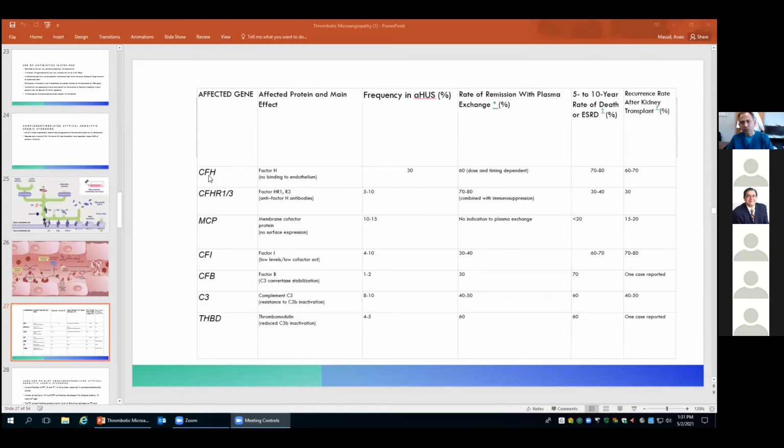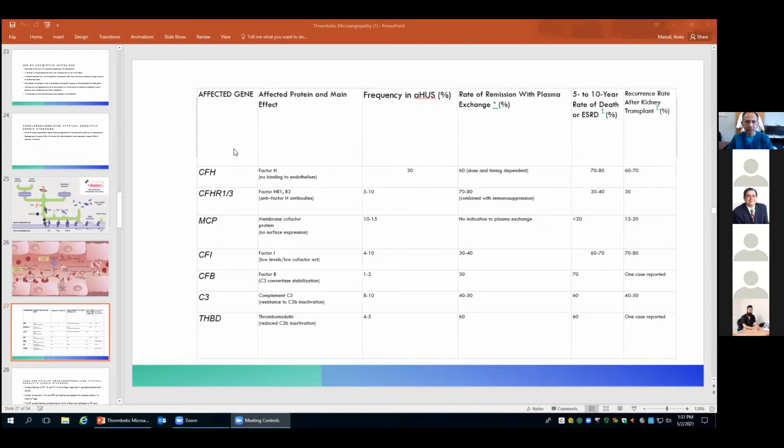So there's a mutation in complement factor H. This is a common cause of end-stage kidney disease. I think this was figured out before we had the complement inhibitor. It used to be a very common cause of death and disease. It's still not uncommon, unfortunately, but much less now.